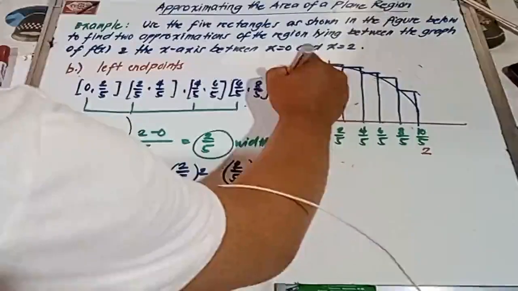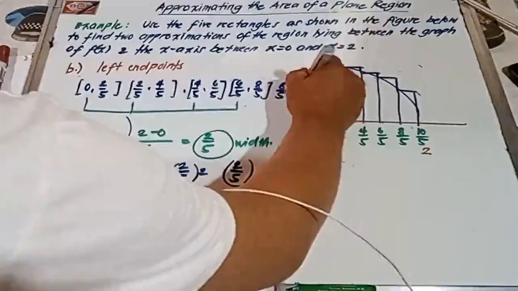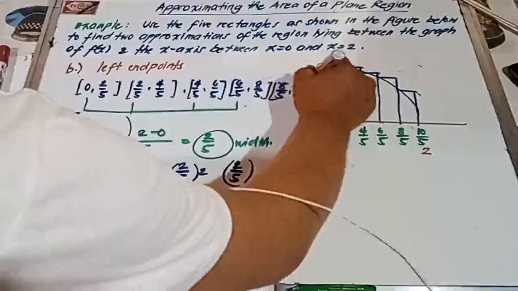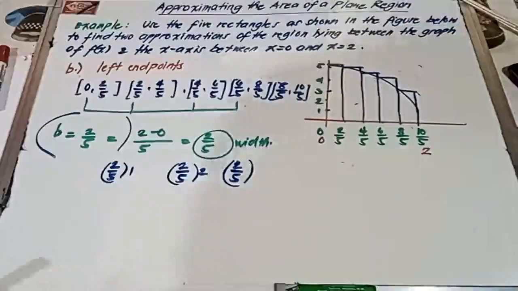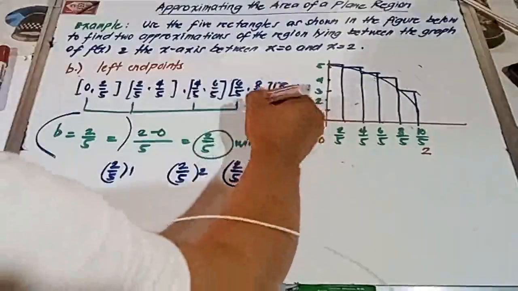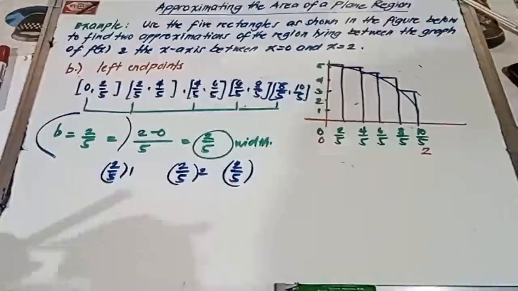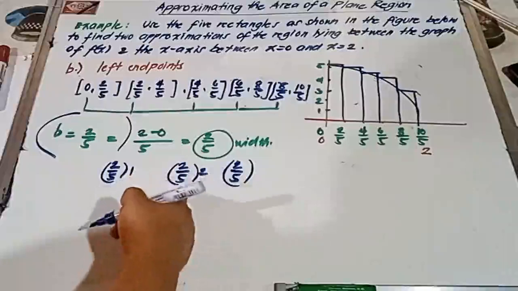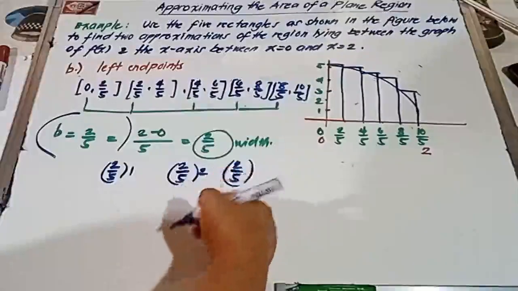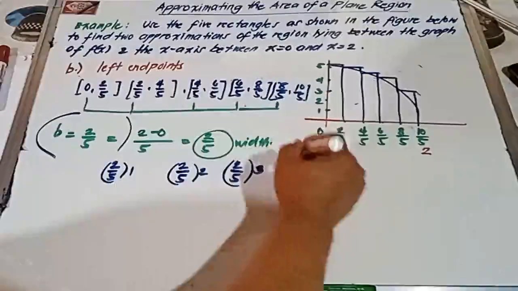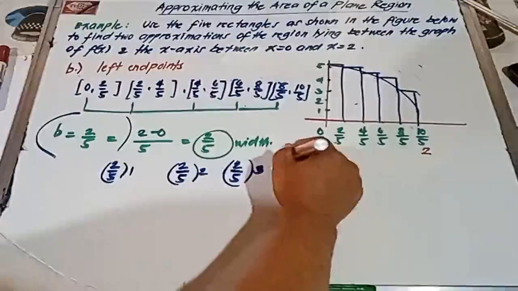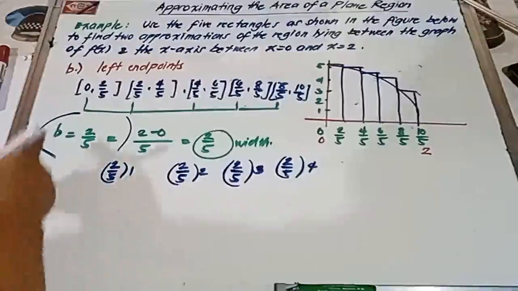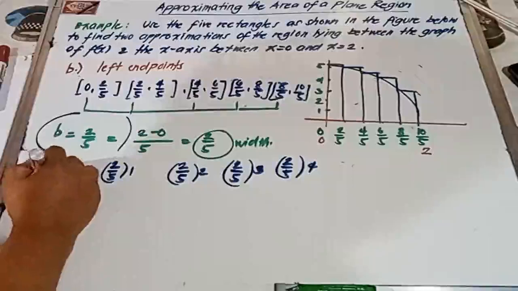And the last one is 8 over 5 to 10 over 5. Tingnan natin yung behavior ng mga left endpoints natin. This is 2 over 5 times 1, 2 over 5 times 2, this one is 2 over 5 times 3, and the last one is 2 over 5 times 4. How about this one? 2 over 5 times 0.